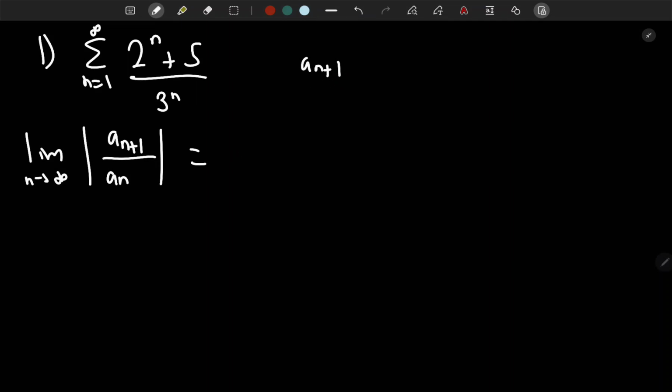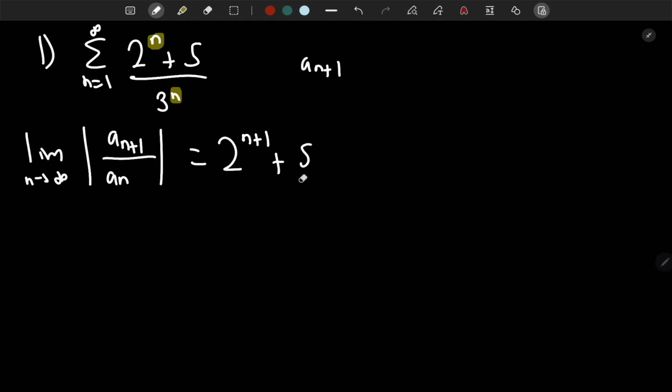So for a n plus 1, let me just highlight the n's in the original fraction. If we want to write n plus 1, all we have to do is add 1 to all the n's in the original fraction. So here, 2 to the power of n plus 1, plus 5.